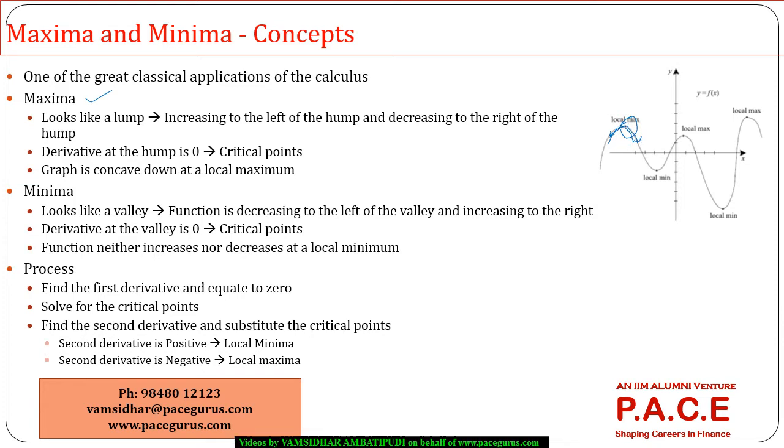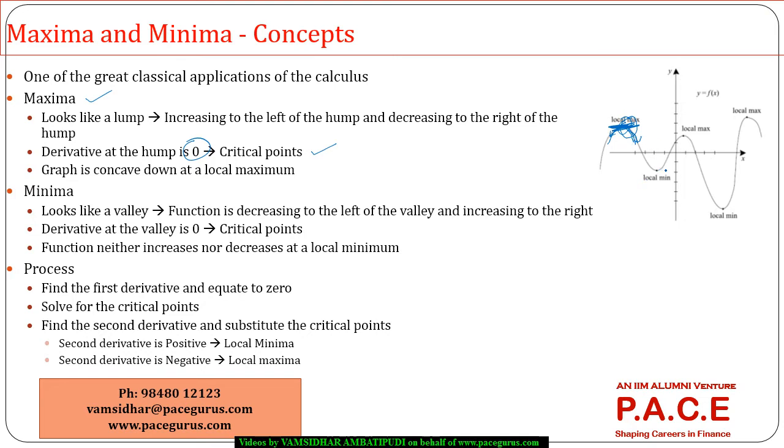So at this maximum point the derivative is 0, and wherever the derivative is 0 we call them the critical points. After the maximum point the graph will start moving downwards.